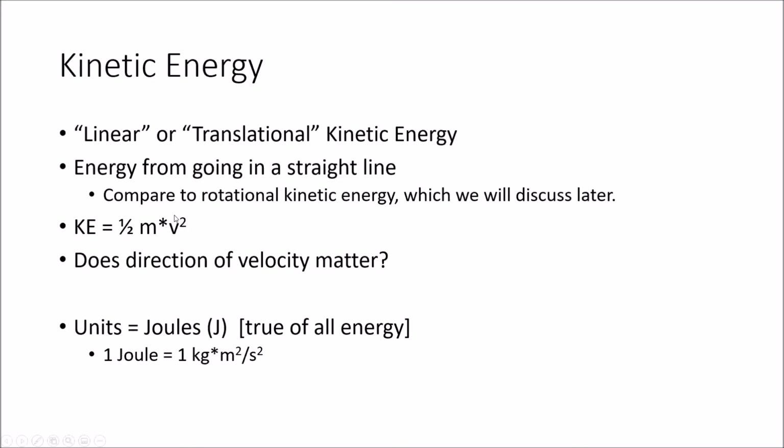Interestingly, if you take the dot product of two vectors that are pointed in the same direction, like the same velocity twice, let's say an object is moving at 4 meters per second north, then in the kinetic energy equation, you'd have 4 meters per second north times 4 meters per second north.